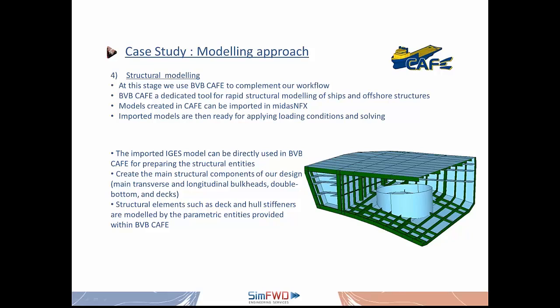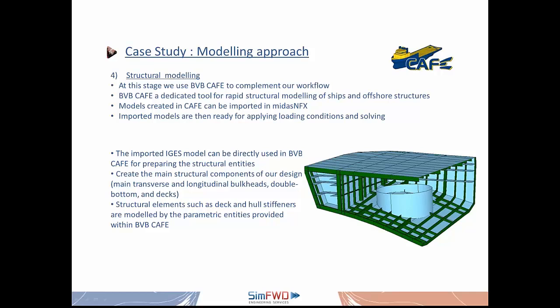The same IGS model that we used for setting up our hydrodynamic analysis, we also directly utilize in BVB CAFE. The process is refined in such a way that we use the same models in both software packages, so we don't have to go back and forth changing different properties of the geometry.